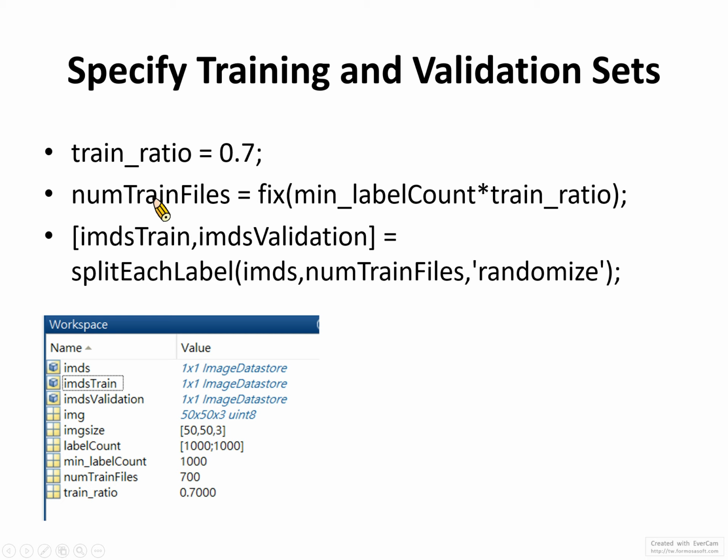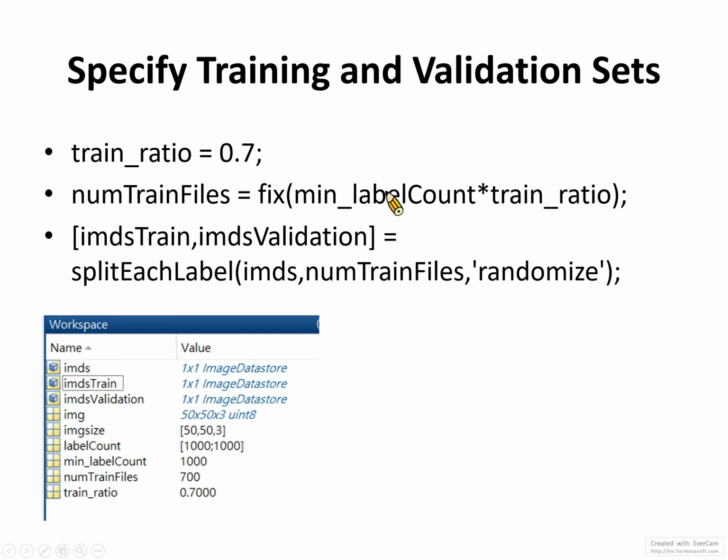The number of training files will be based on this ratio and the minimum label count. I just use another built-in function called splitEachLabel to divide the IMDS, which is the original data store, into training and testing.